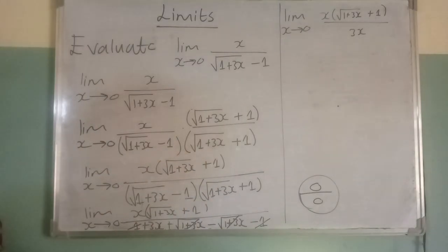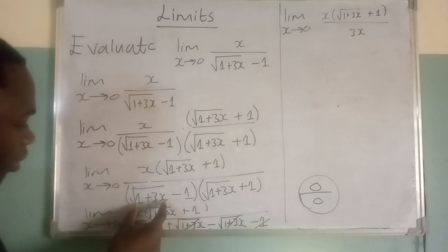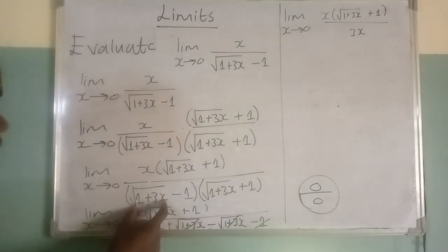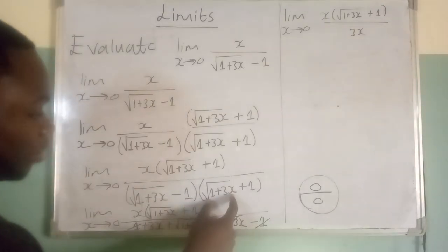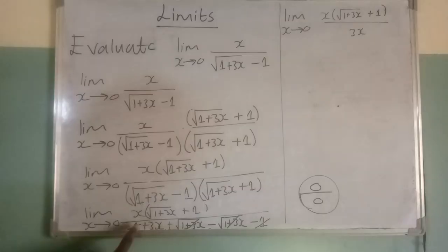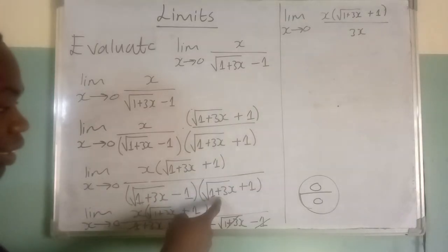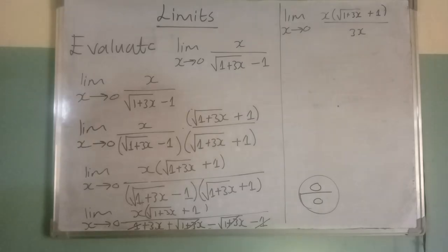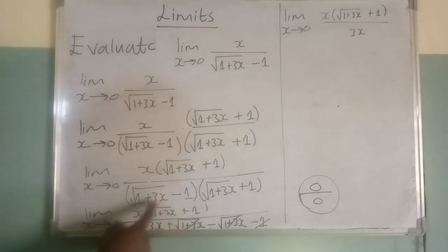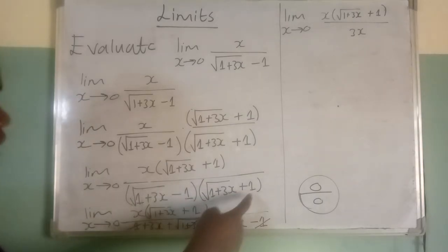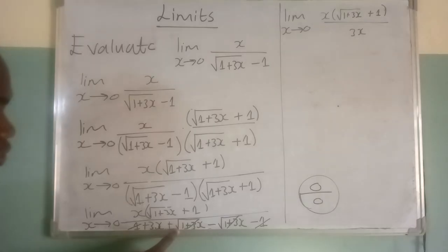Then we now expand the denominator. You copy the numerator the way it is, then the denominator we expand. Now the square root of 1 plus 3x multiplied by the square root of 1 plus 3x, we have 1 plus 3x, because what is in the square root is the same. Then the square root of 1 plus 3x multiplied by positive 1, we're having the square root of 1 plus 3x.